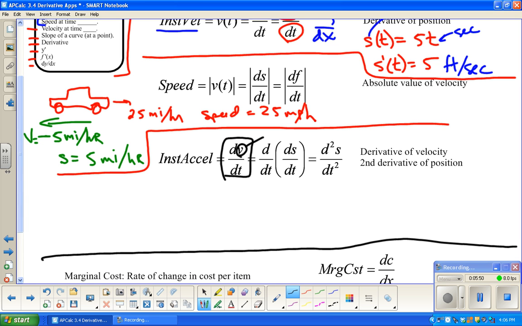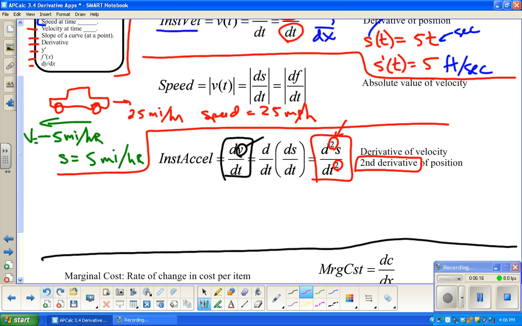So it is the derivative of the derivative, which in calculus verbiage we typically call the second derivative. That means do the derivative, take that answer, do the derivative again, and this is the notation, and sorry, but that's not a typo. That is d2s over dt squared.